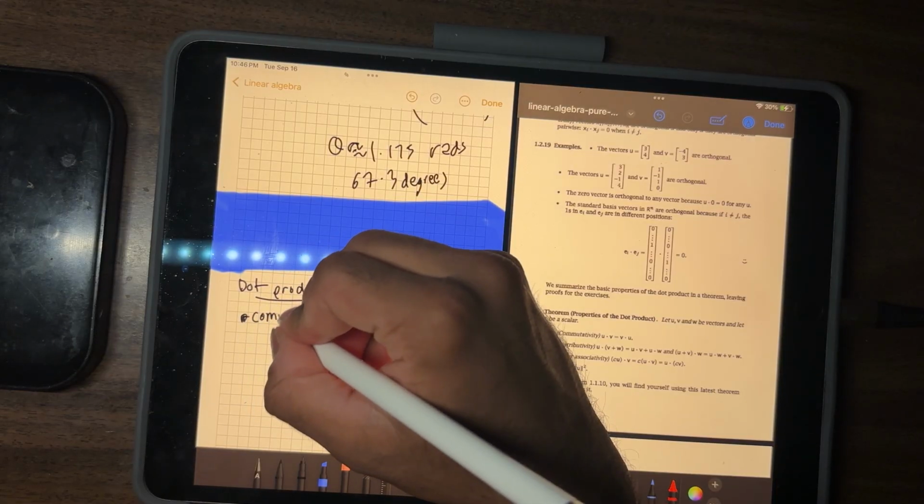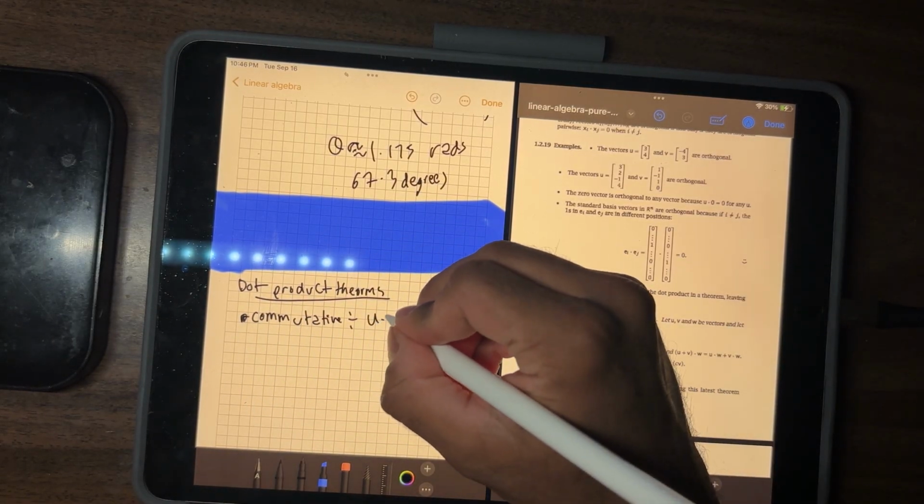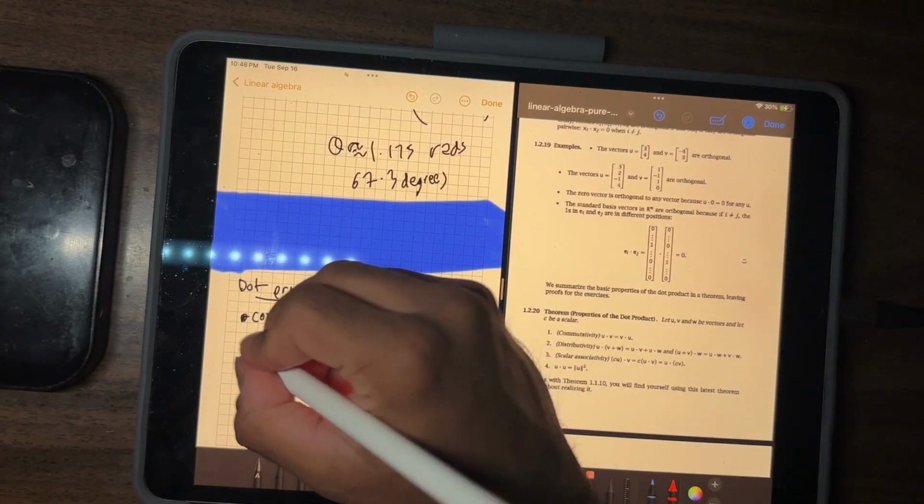So commutative would be u dot v is equal to v dot u.